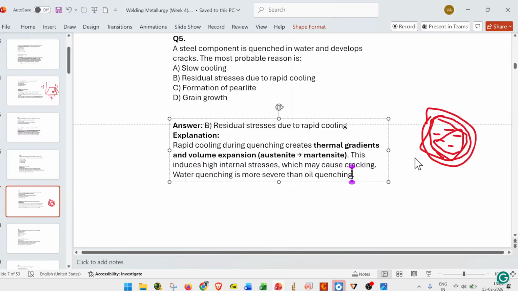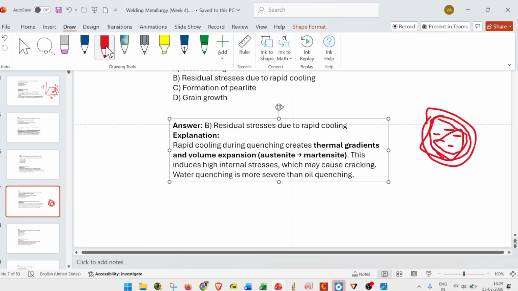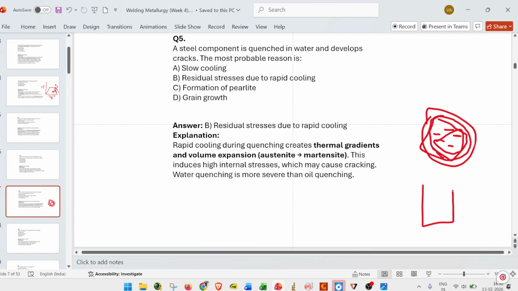During the quenching time, at the surface level the cooling is much faster. So what happens is that when it is cooling, the first few layers reach the martensitic phase very rapidly.